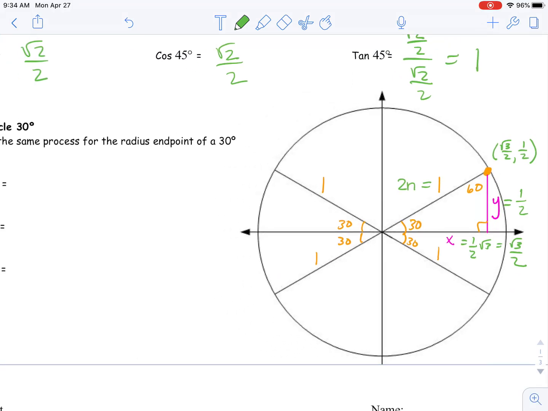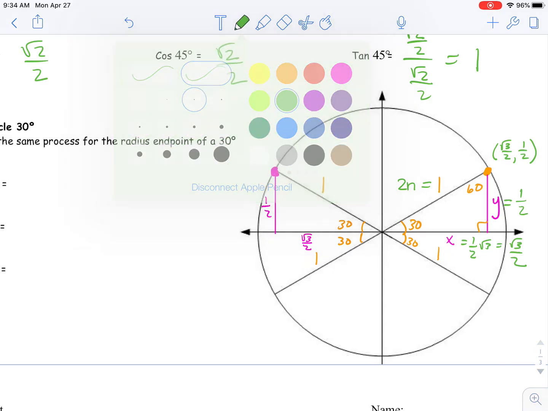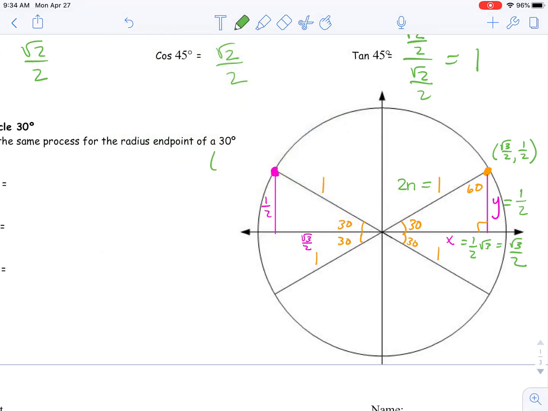So if we come over to quadrant 2 and we did the same thing, hopefully we realized from doing the 45, 45, 90 that we're going to get the same values. The x is still going to be radical 3 over 2. The y is still going to be 1/2 because the hypotenuse was still 1. So it's not going to change what these values are, but we do have to watch that their signs change because we're in a different quadrant.